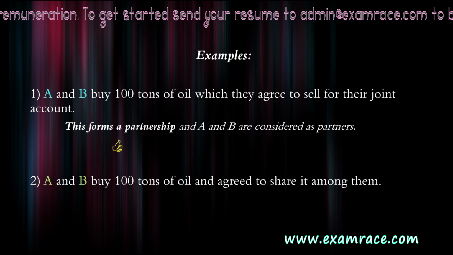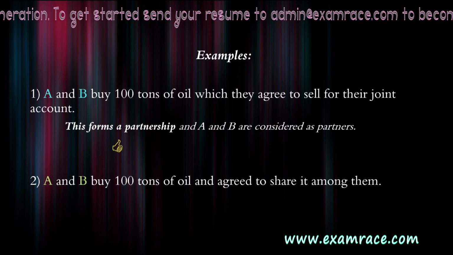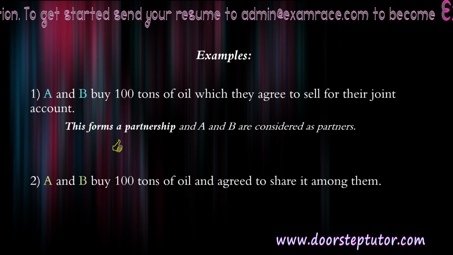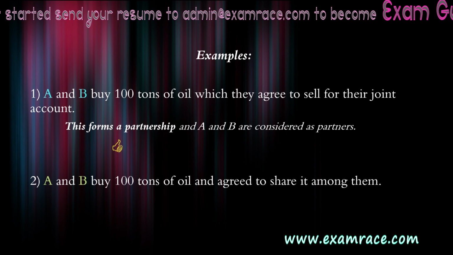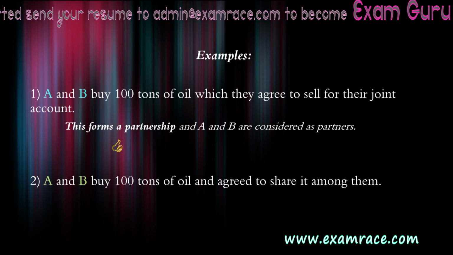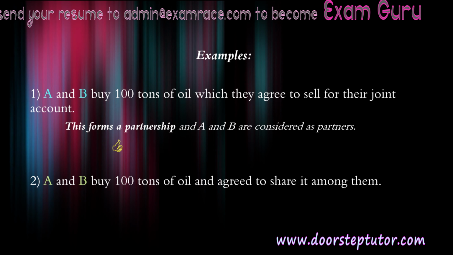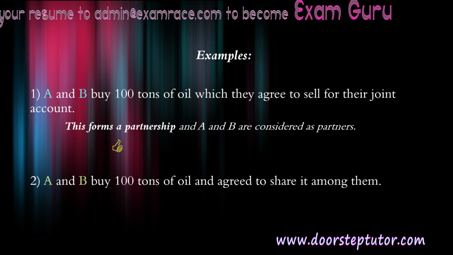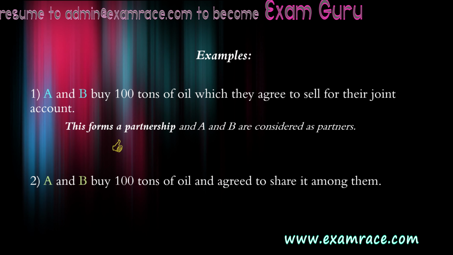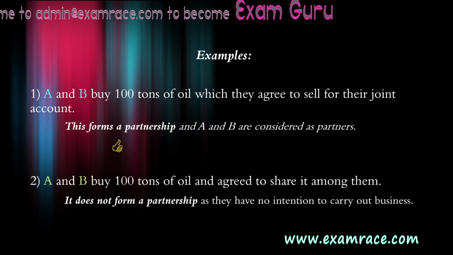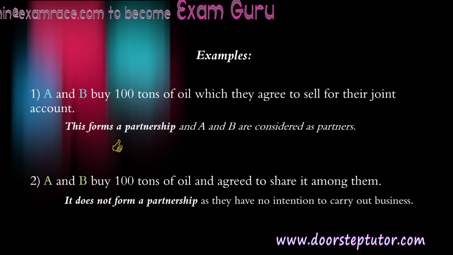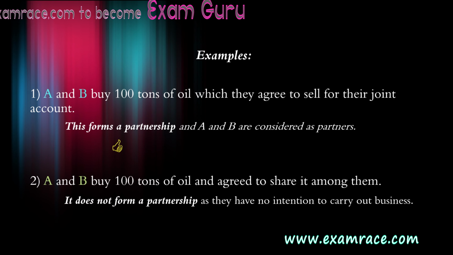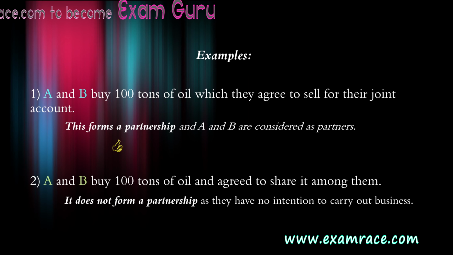Even though there are two partners, even though they are buying 100 tons of oil, even though there is an agreement among them to conduct a trading activity, they are sharing this oil among themselves, which means there is no scope for gaining profits or bearing losses. Hence, this situation does not form a partnership as they have no intention to carry out business. No business, no profits.